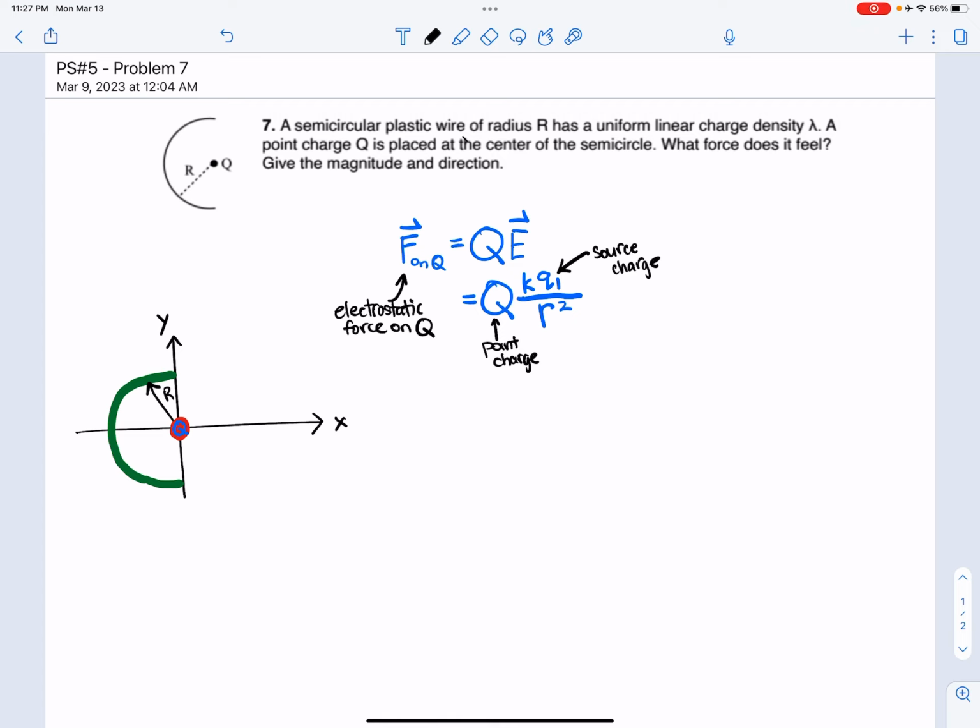And in this problem, the source is this semicircular plastic wire. K is just the electrostatic constant, so I won't bother with that. And R is the distance between the centers of the charges. All right.